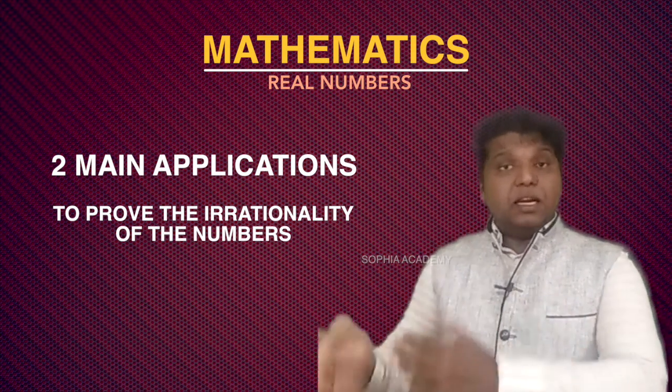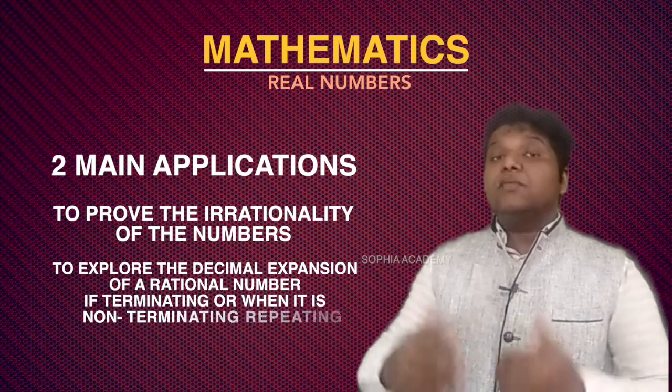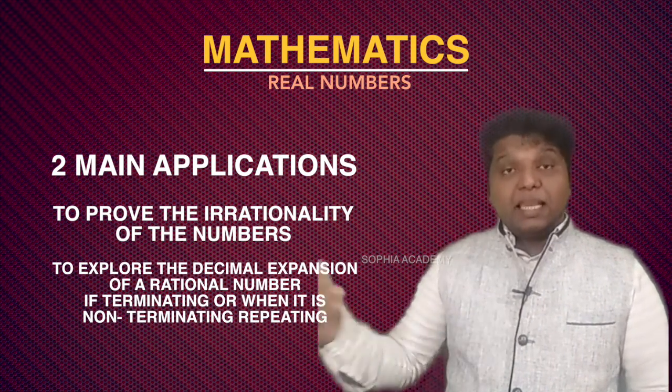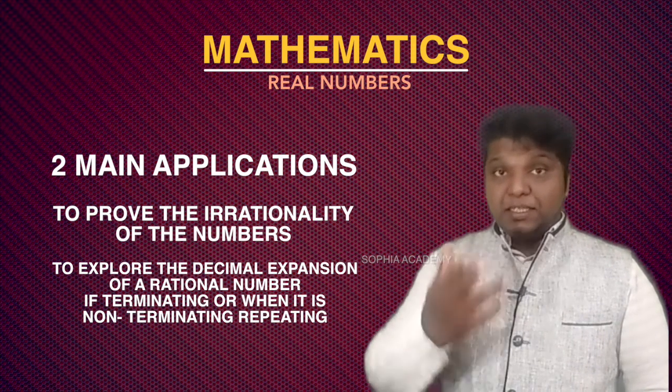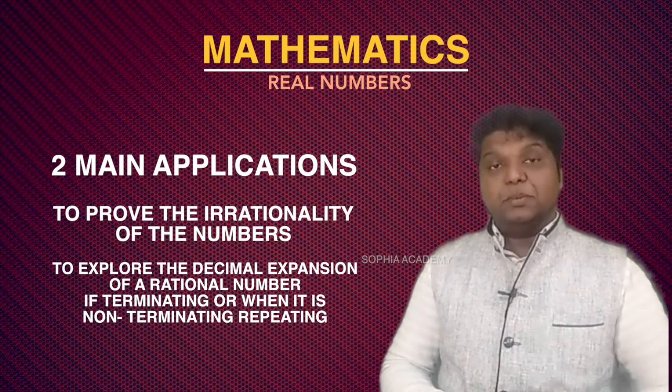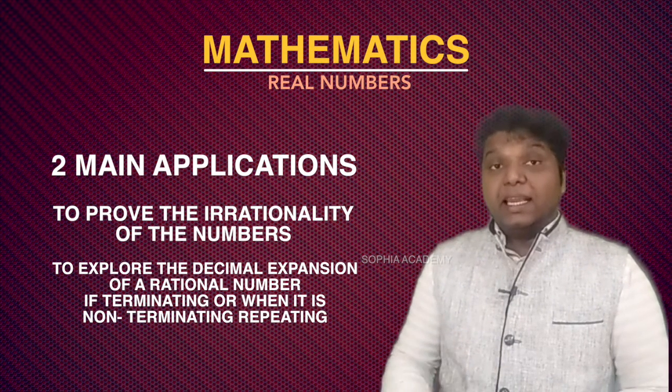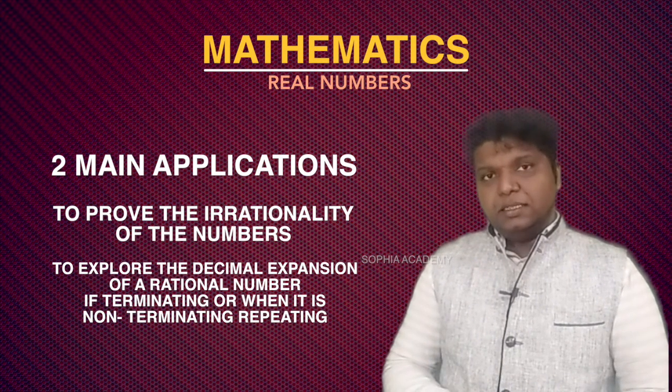If a fraction is given, you know that any fraction can be converted into decimals. While you are converting a fraction into a decimal, what happens? The decimal can be terminating. We studied it in 9th class in the very first chapter, right? Or case number 2, it can be non-terminating.